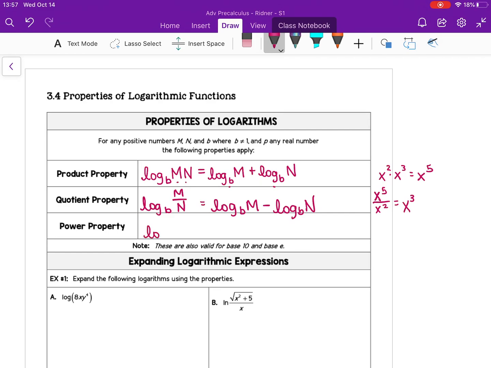The power property is the hardest to understand. Why? If I had log base b of m to the p, so m to some power, it is equal to bringing the exponent down to the front and multiplying it by log base b of m.